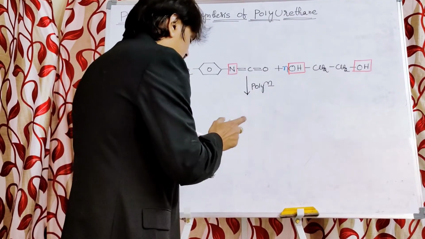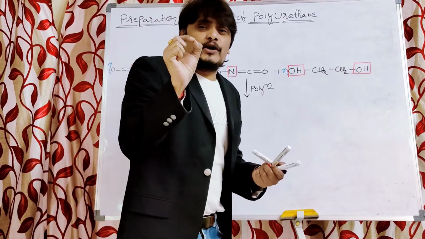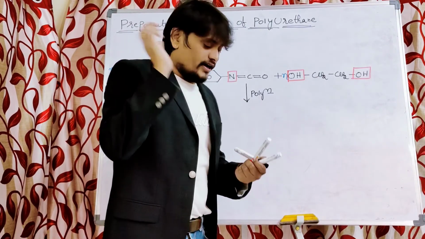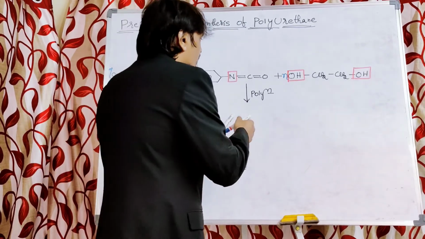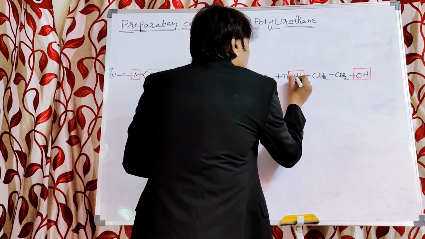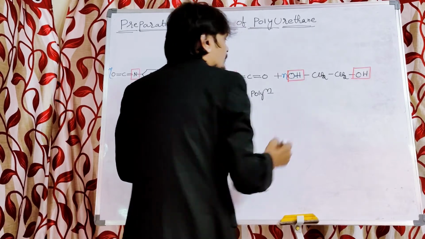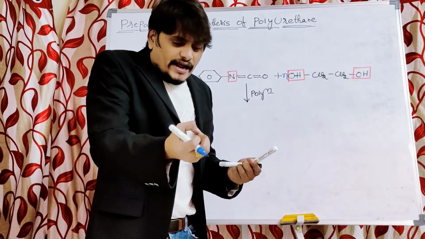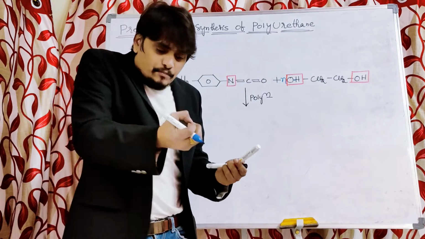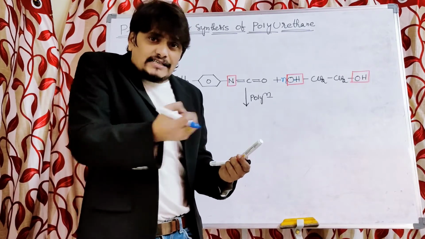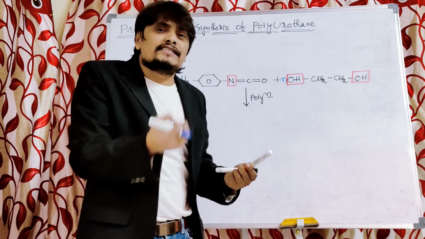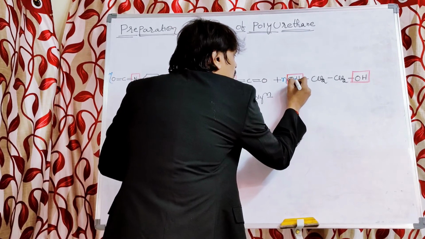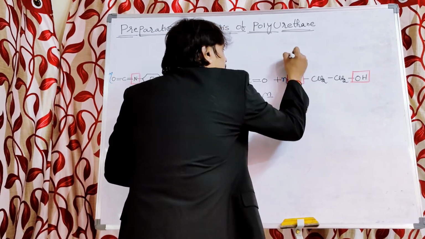So how it happens is, among the oxygen and hydrogen, which is electronegative, students? Oxygen is electronegative. Already we know that. Since oxygen is electronegative, electronegativity means the capacity or ability to gain electrons. The electronegative atom pulls the electrons from the adjacent atom. As the oxygen is most electronegative, it pulls the electrons from the hydrogen atom.